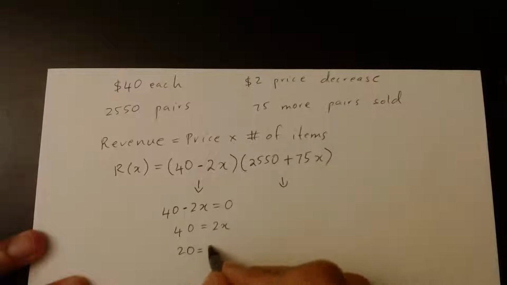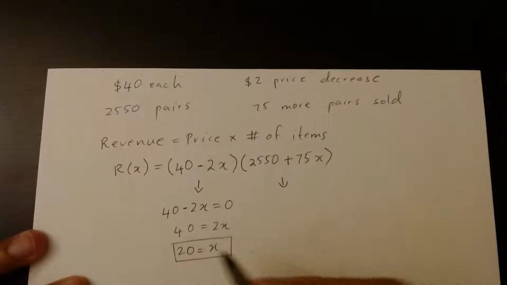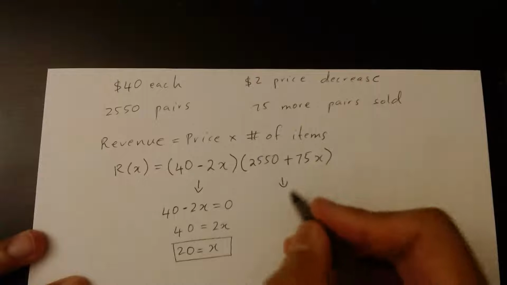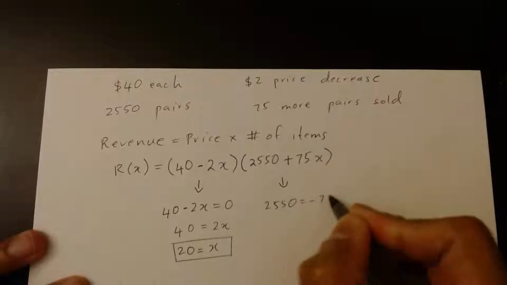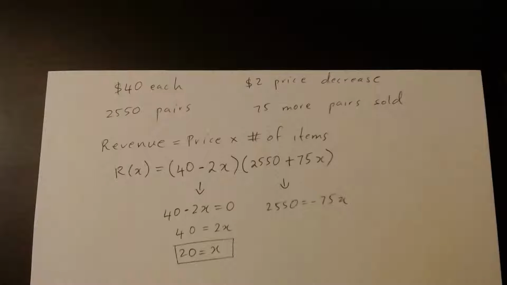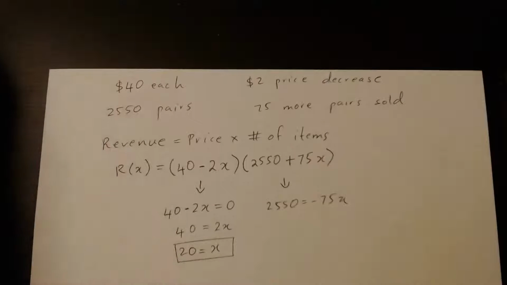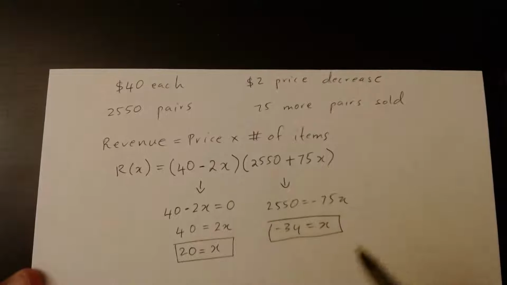So 20 equals x is my first solution. My second solution is negative 34. Remember, this is not the price, this is the number of price decreases.